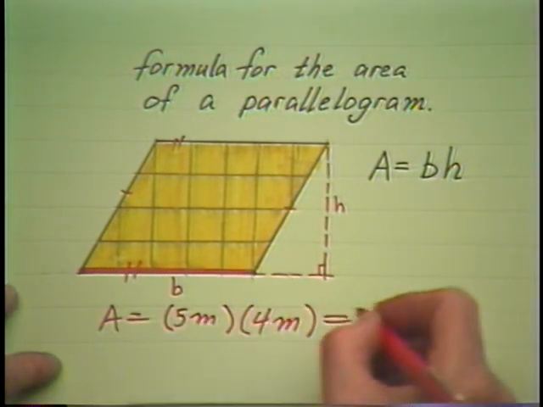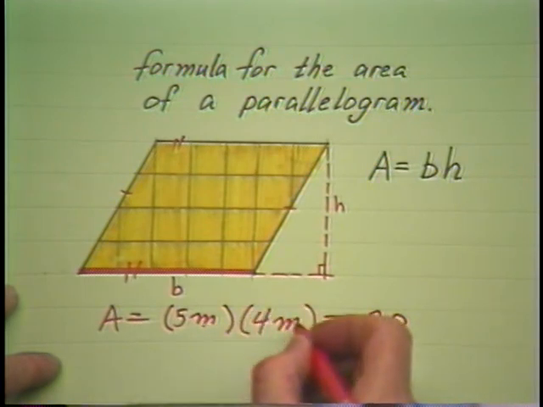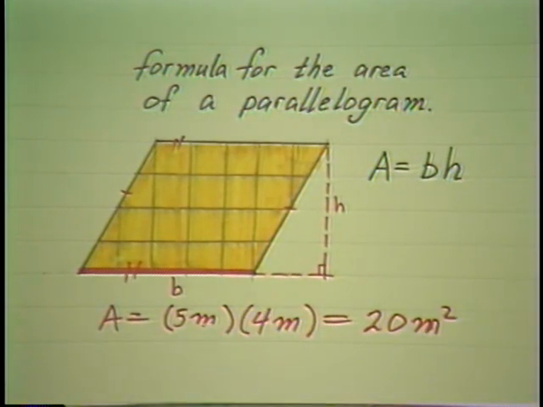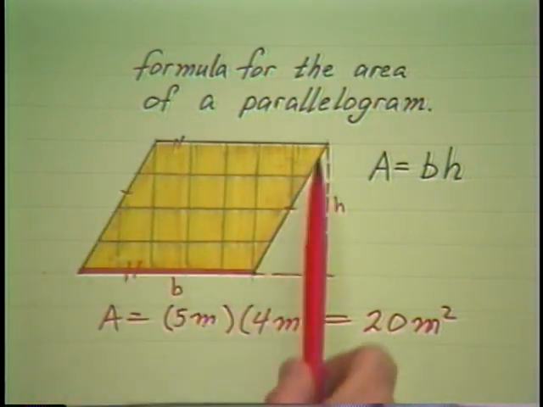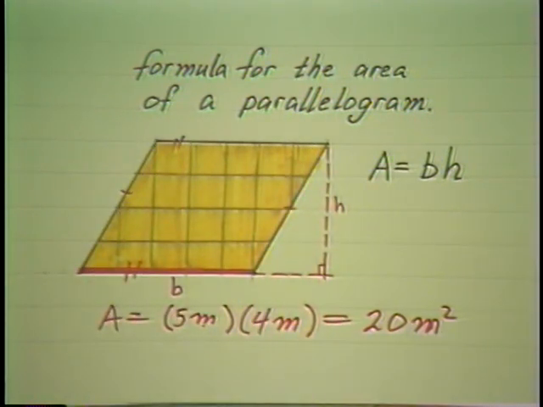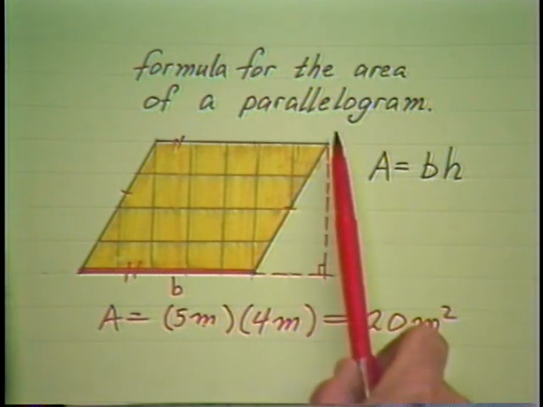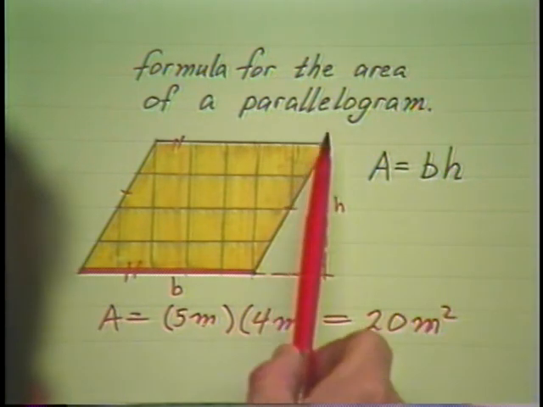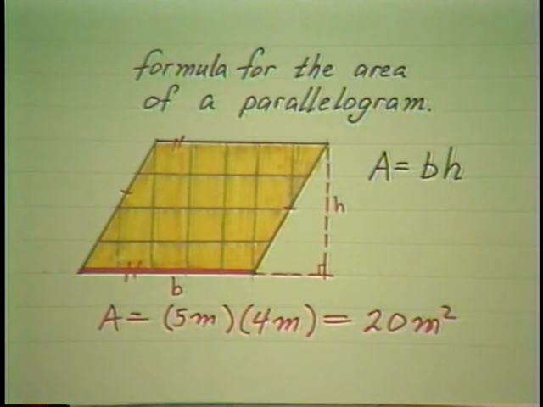Multiplying the number part, and meter times meter we express as square meters. So the area of this parallelogram is 20 square meters. Now we wouldn't have to even see the squares. All we'd have to do is to have a tape measure, measure the base, measure the height, do what the formula tells me, and I have the area without ever even seeing it.